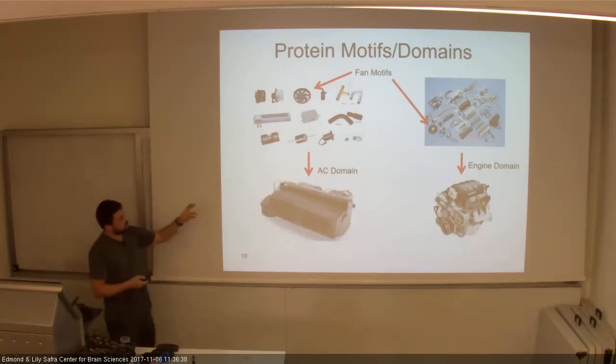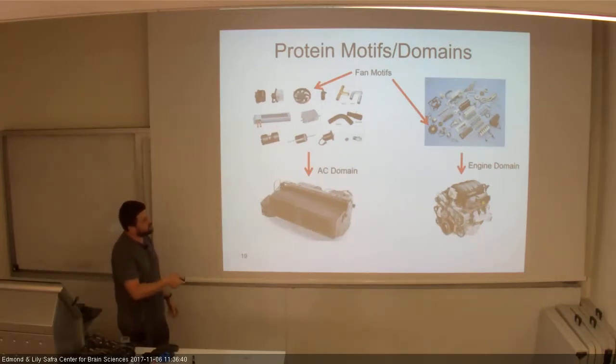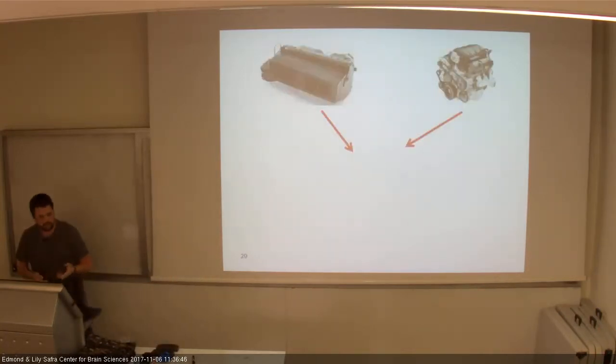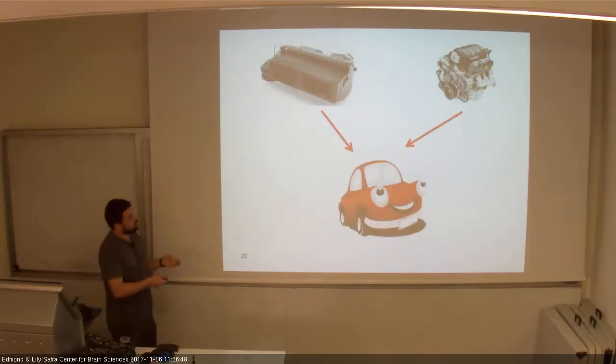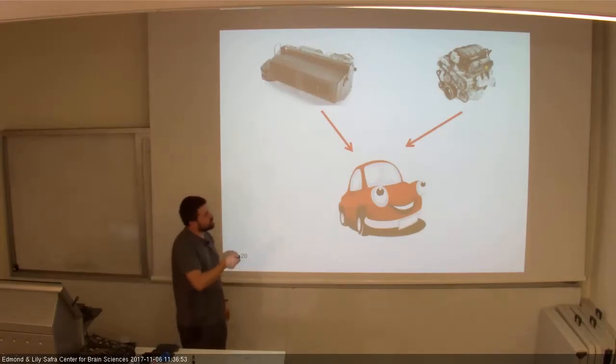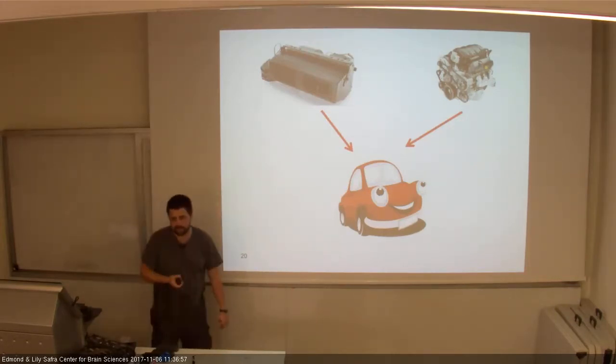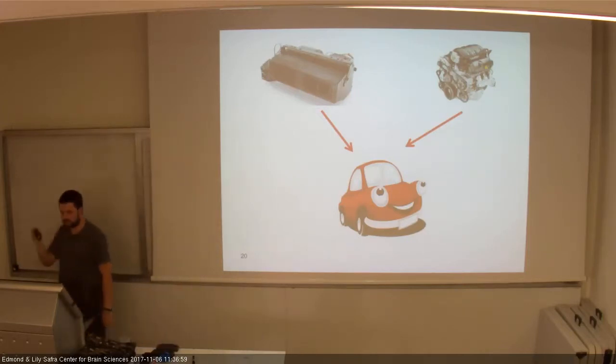And we don't stop there, because the engine by itself is not a functional protein, and the AC by itself is not a functional entity. But if we combine these two together, then in the protein car that we have here, there is an engine domain and an AC domain, and in both of them you have a fan motif.